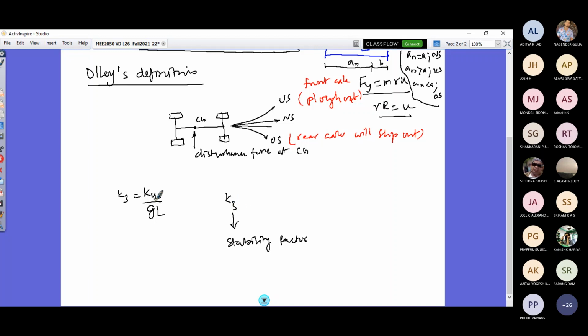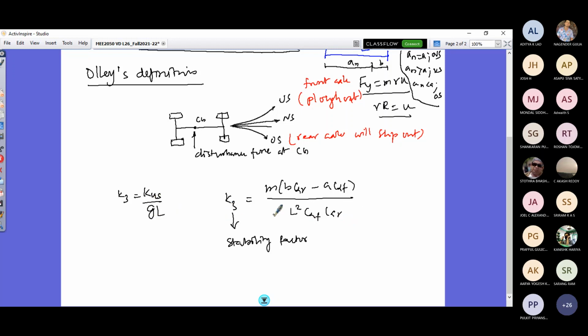And this K3 is equal to KUS by GL. And K3 you have defined as M into (B C alpha R minus A C alpha F) by L squared C alpha F into C alpha R. Right? This is what K3 is.